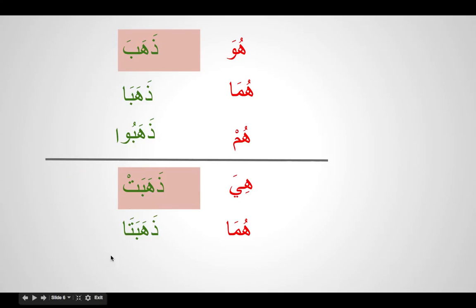If you see in this segment here, in every verb there is a sign of fa'il. This alif is called the fa'il, because this tells us that the two people have done the action. This waw tells us that all the men have done the action. This ta and alif tells us the two women.